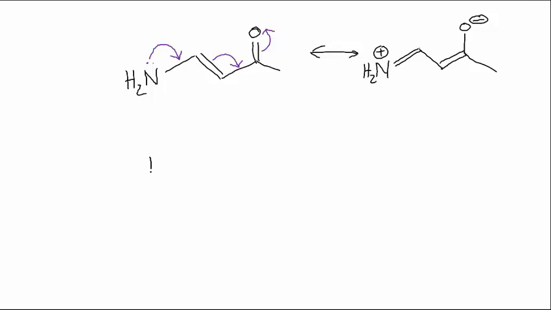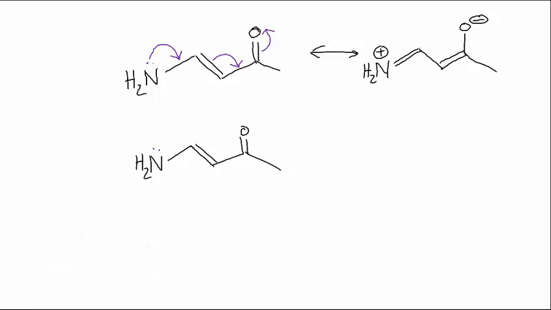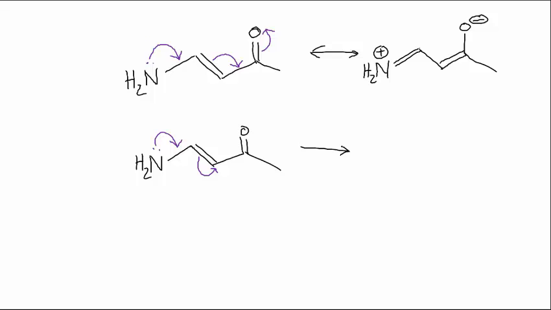But then what people are missing is the fact that that electron pair can stop in the middle. We don't need to push it all the way up onto the oxygen. We could just push this pi bond onto the carbon. And so this is a valid resonance structure that a lot of people are missing.